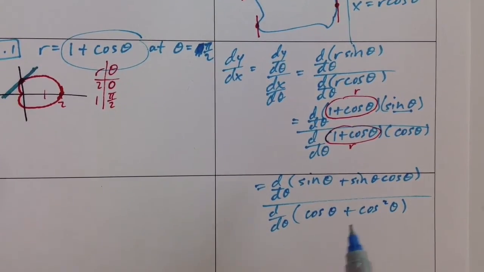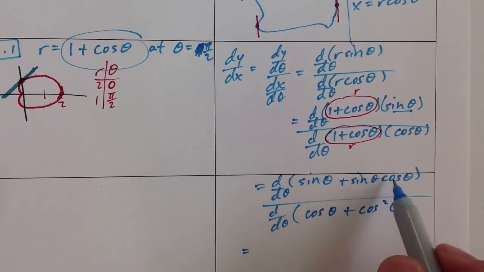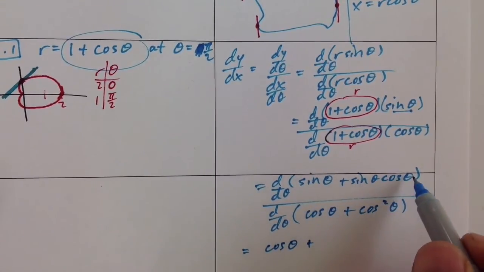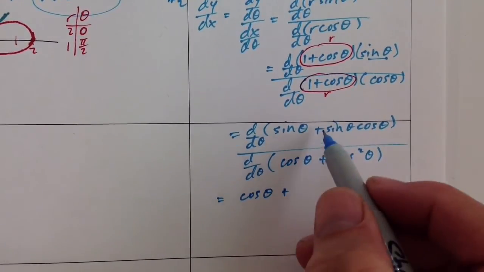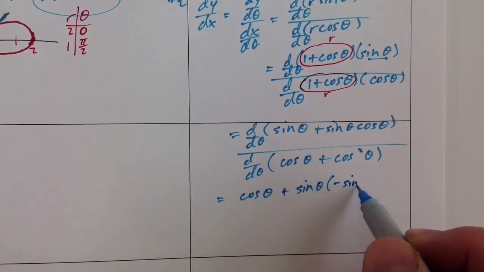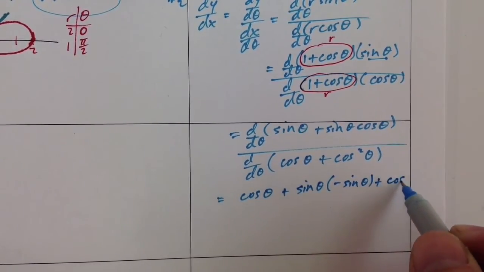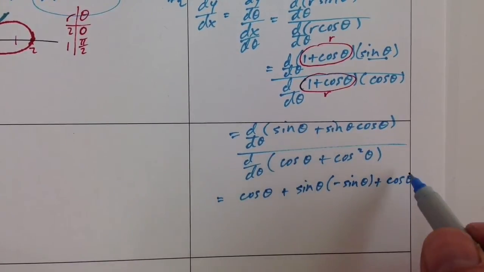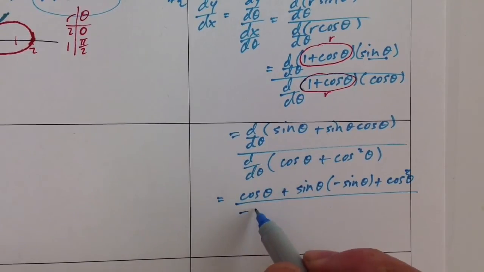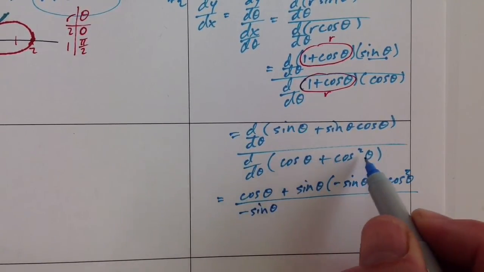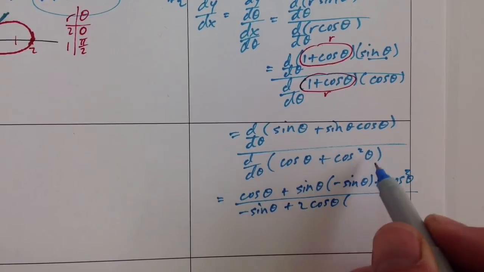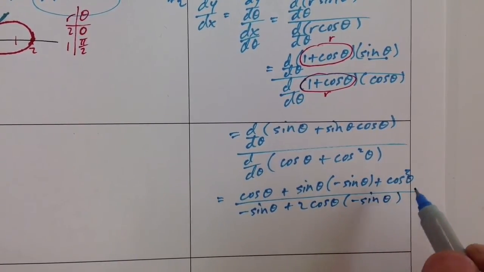Well, now we're ready to go ahead and take the derivative of the numerator. The derivative of the sine is cosine. Now we have the derivative of a product here, so the derivative of this product would be the first times the derivative of the second, which is negative sine theta, plus the second, cosine theta, times the derivative of sine, which is cosine, so it's cosine squared of theta, all over the derivative of cosine, which is negative sine, plus the derivative of cosine squared, which is plus 2 cosine theta times the derivative of cosine theta, so negative sine theta.